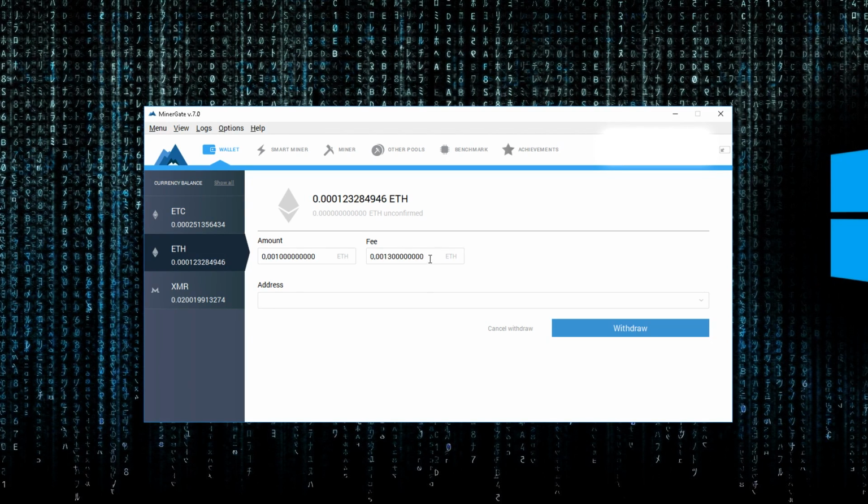Unless the fee is really too steep for you, send a little bit to the address, make sure that it works. For instance, a trading site, exchange, check if it works, maybe $20, $30, and then send another amount.